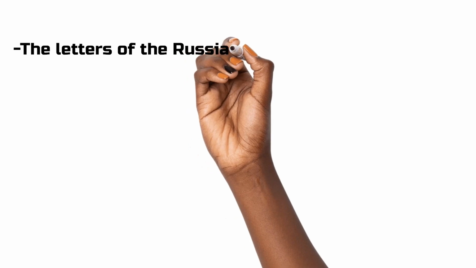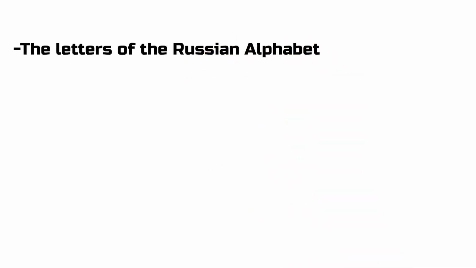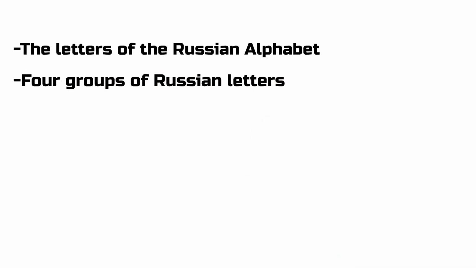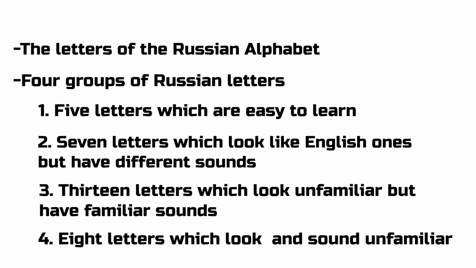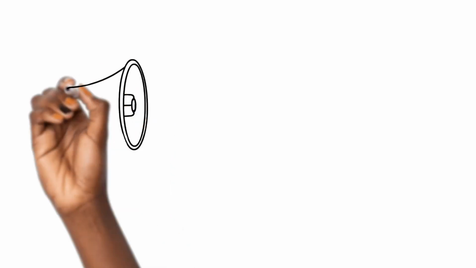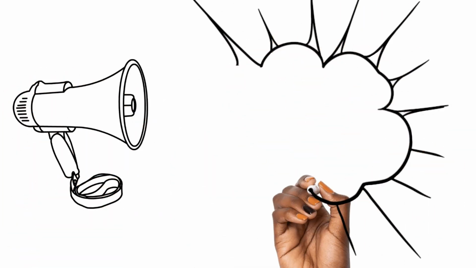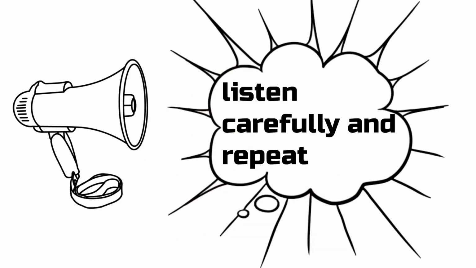First, we will run through the letters of the Russian alphabet. Then, we proceed to put the letters into 4 groups to make learning fast and easy. Listen carefully to the sound of each letter of the Russian alphabet.